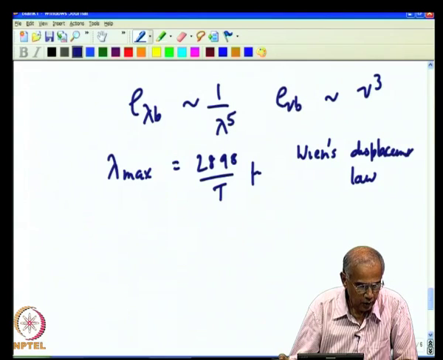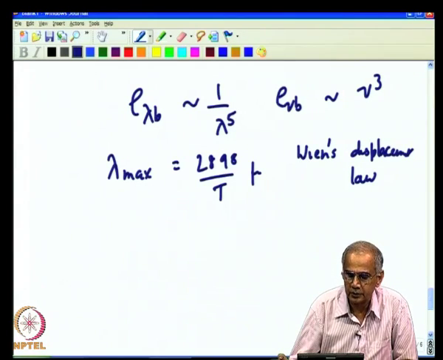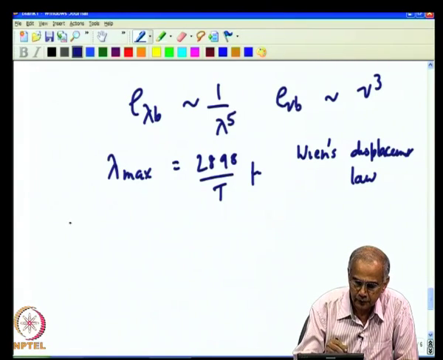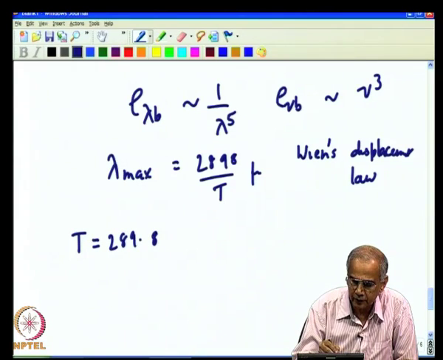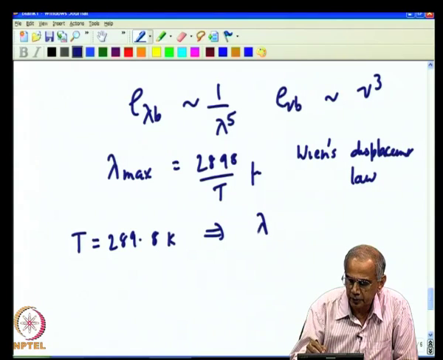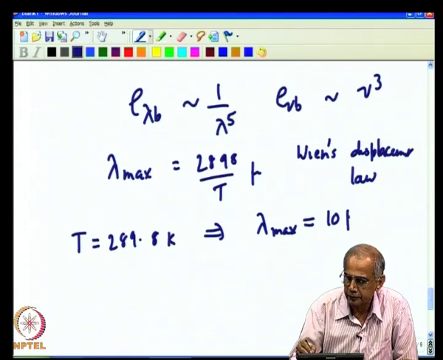Now, another quantity of great interest to us, in addition to the peak of the Blackbody spectrum, is also the total amount of radiation. Now, before we go there, let us look at a typical Blackbody at the temperature of 289.8 Kelvin. Then you find its maximum radiation in the E lambda b coordinate will occur at 10 micron.